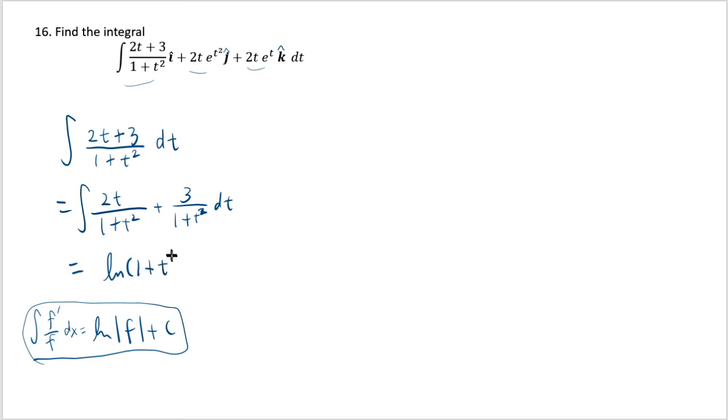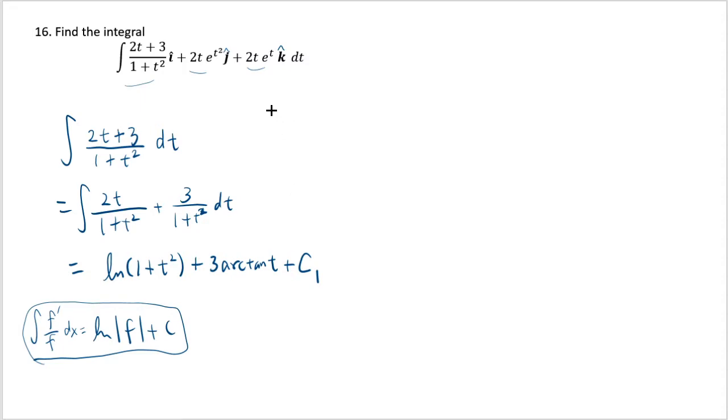You can just write 1 plus t squared. And this one, you need to factor the 3 out, so it's 3 times 1 over 1 plus t squared, whose antiderivative is the arctangent. And we're going to put plus c1 because it's the first integral.